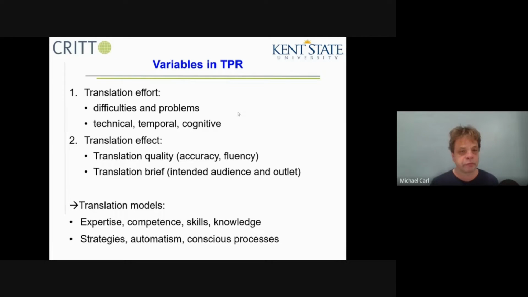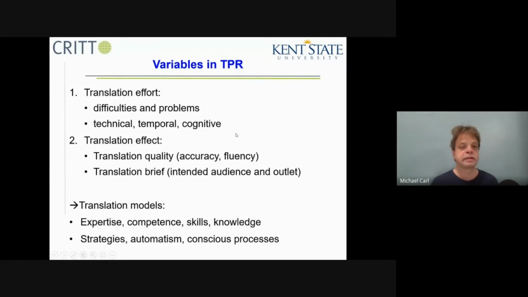An expert may, for instance, know terminology in a certain domain very well, and even though the text is difficult, it is not a problem for the translator, right? So problems relate to the translator, whereas difficulties are in the text and so on.